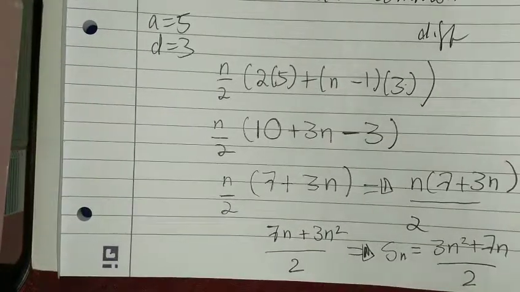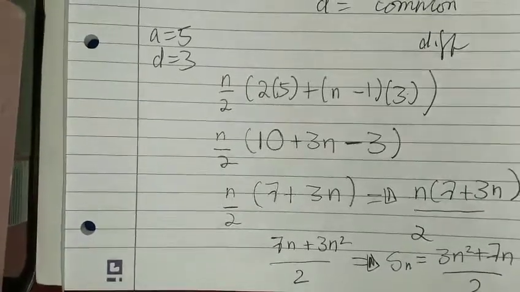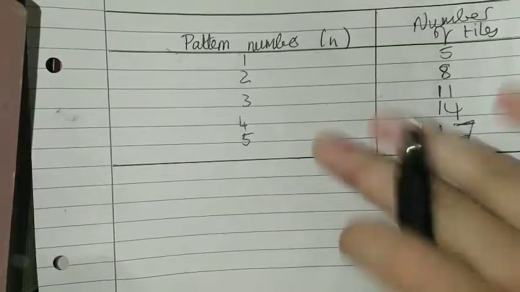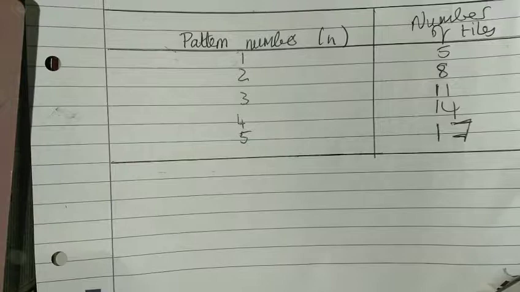So I had to use the sum of the terms in an arithmetic sequence. So Sn gives the sum. Say my terms are 5, then 8, then 11, then 14.